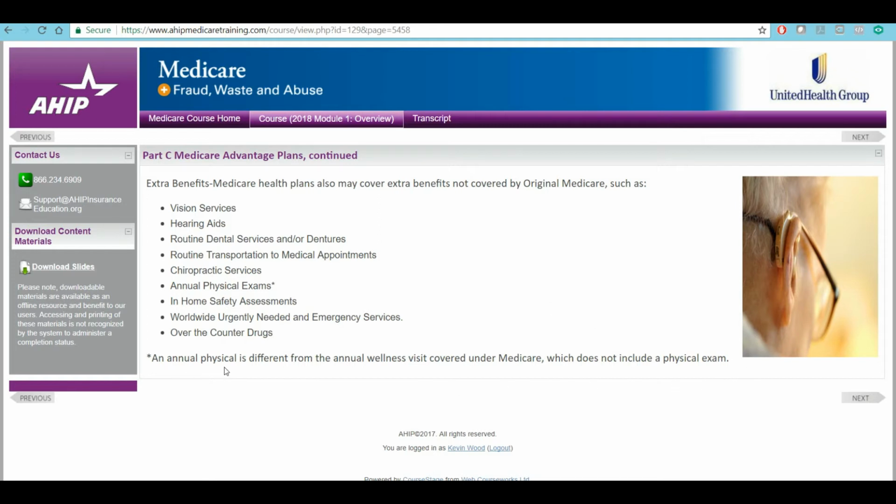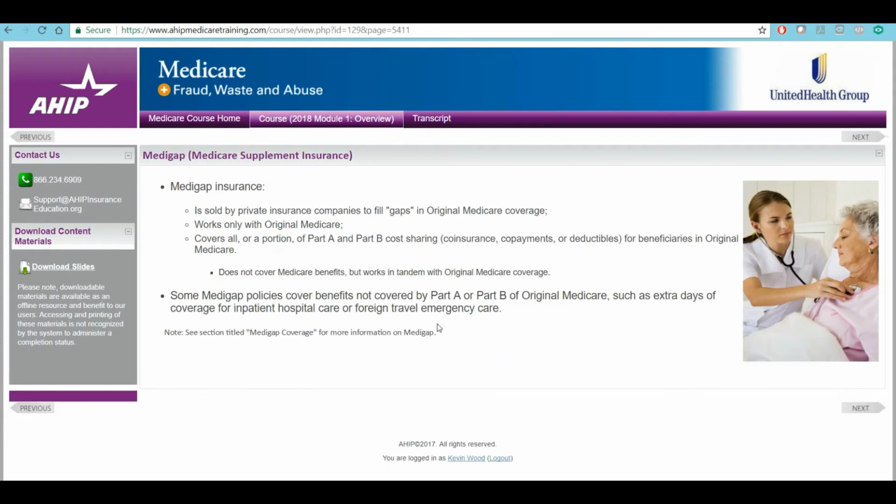And the annual physical: Medicare does not give anybody an annual physical, only in the first year they're on Medicare A and B, and then after that no more annual physicals, except Medicare Advantage plans do give an annual wellness visit covered. Medicare does not include the physical exam, but the Medicare Advantage plan does on an annual basis at no charge.